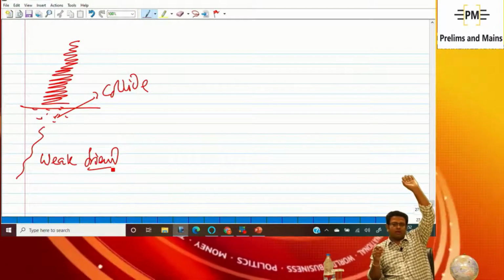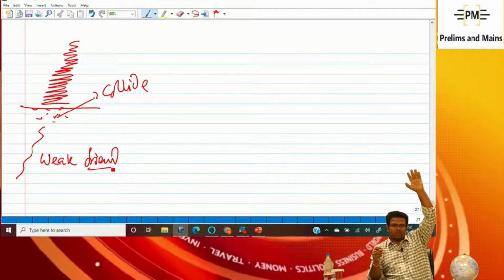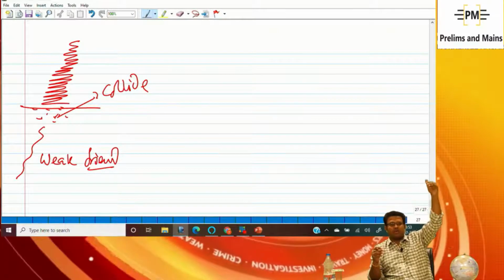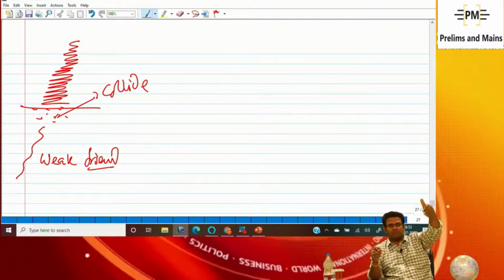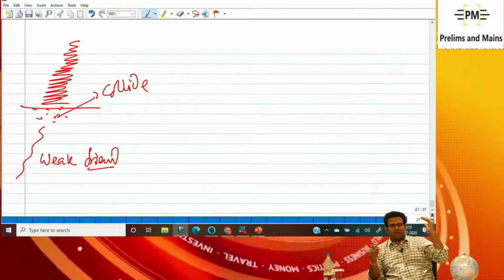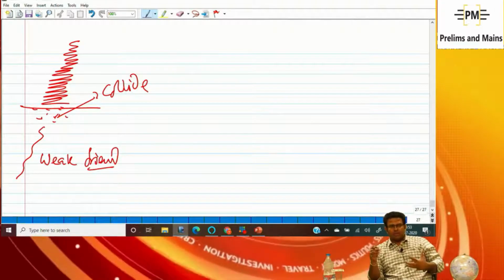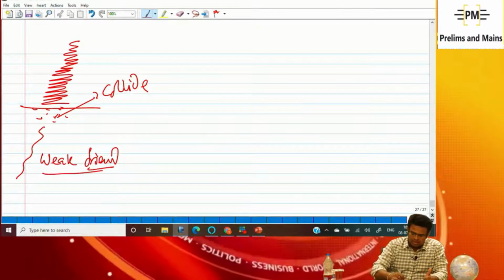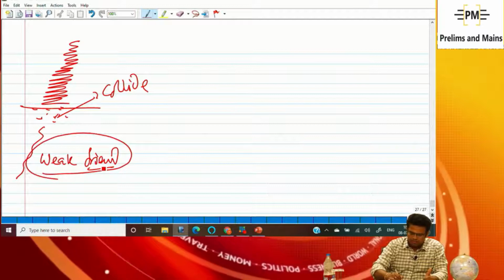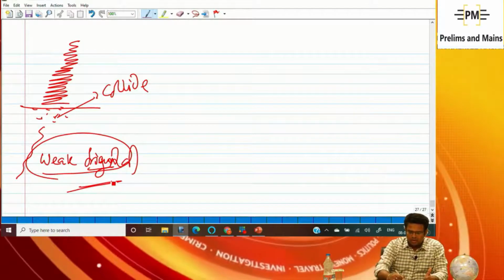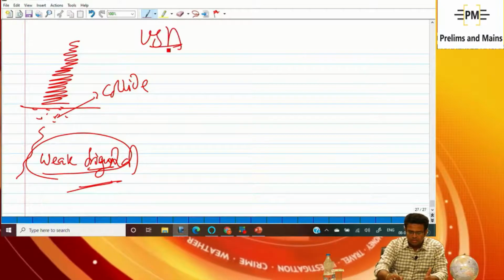If it is coming from a longer distance, maybe 36,000 kilometers, or from GPS, which is the medium earth orbit system of the USA, it can collide and lose its signal, so there will be a weak signal. Understood? And the USA is using S band.